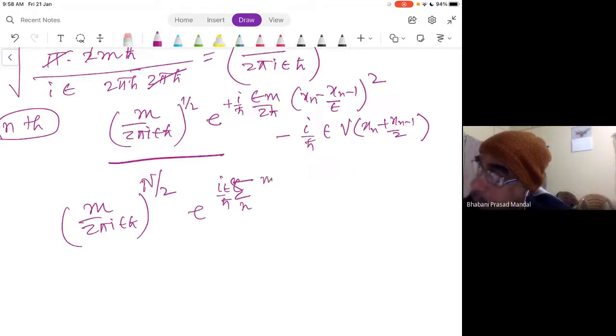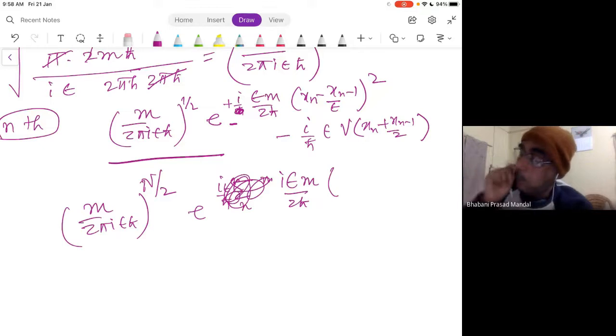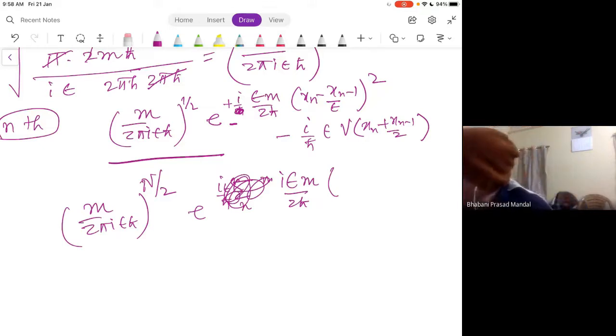There don't be a 2ħ, no? This ħ will not be there. So let me write i ε m by 2ħ, 2ħ, where from these two factors.